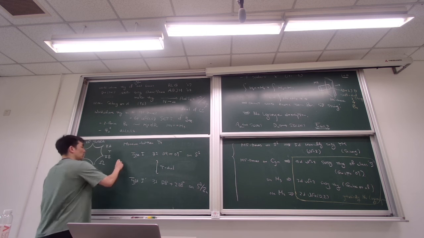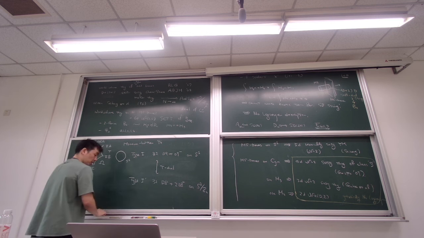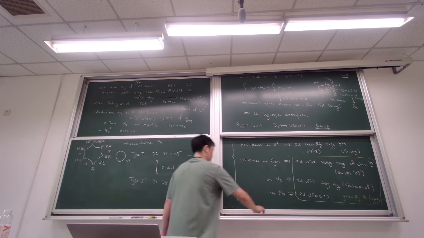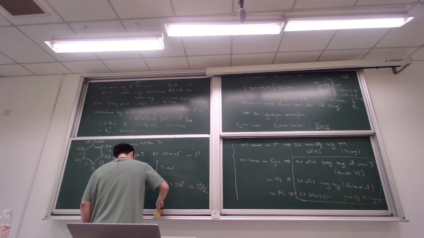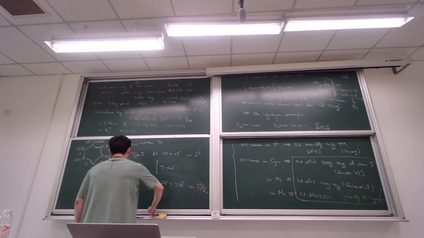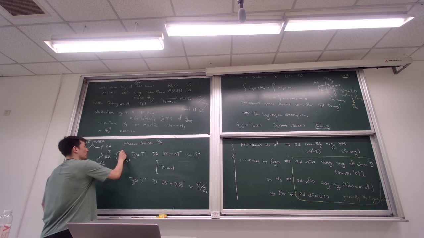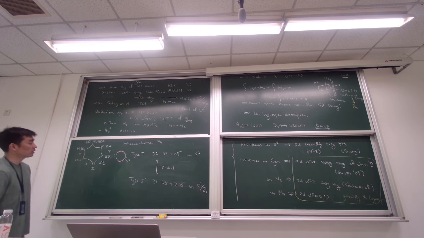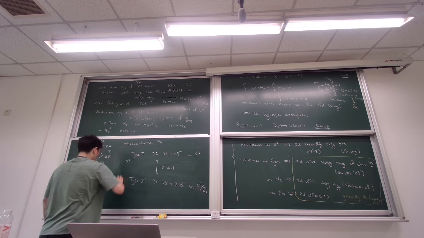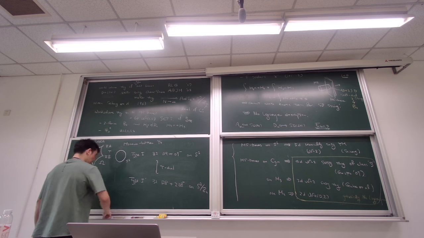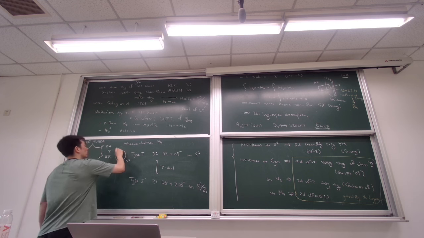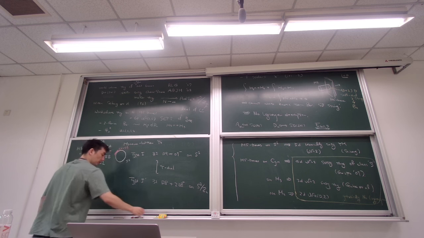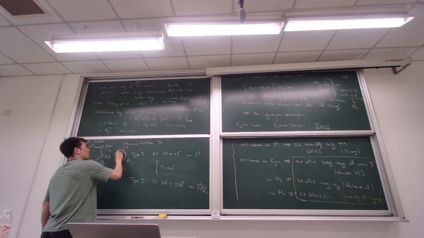According to the S1, you put the 32 D9 branes, and O9 minus also, here.